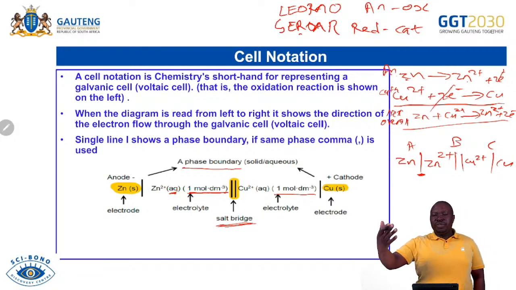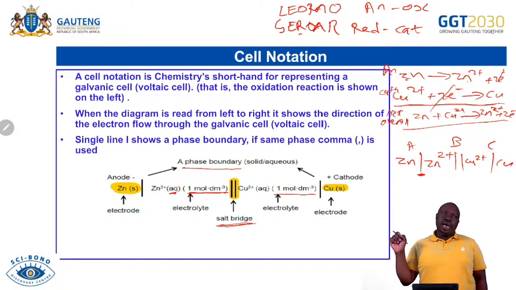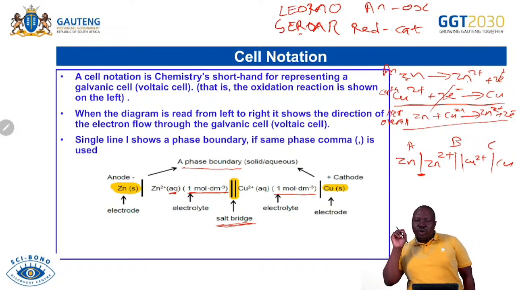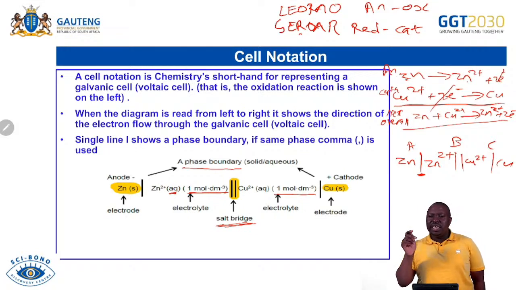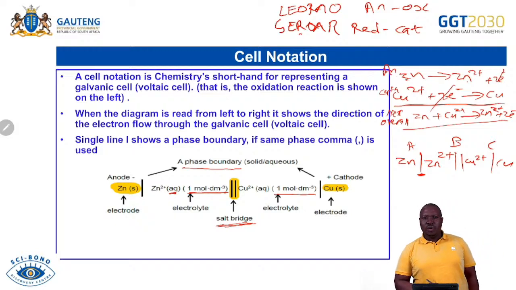However, the one with the smaller number at the top of the table will undergo oxidation. So don't forget that the standard reduction potential tells us which one will undergo oxidation and which one will undergo reduction. The one with the highest standard reduction potential undergoes reduction. The one with the lowest standard reduction potential is reversed. We go backward when we write it from that table, when you copy it.